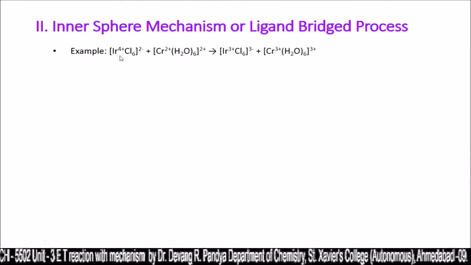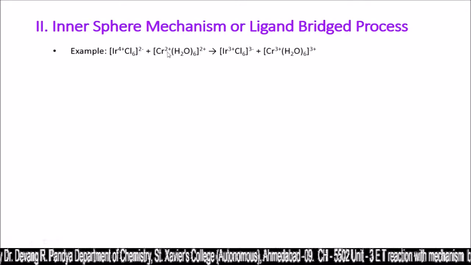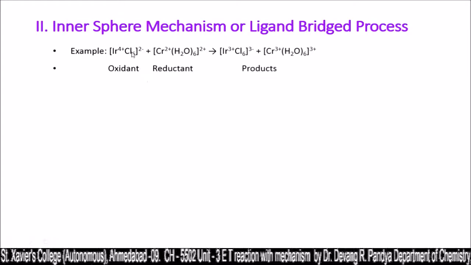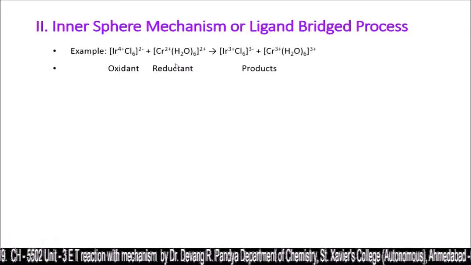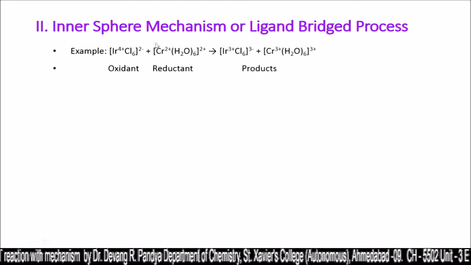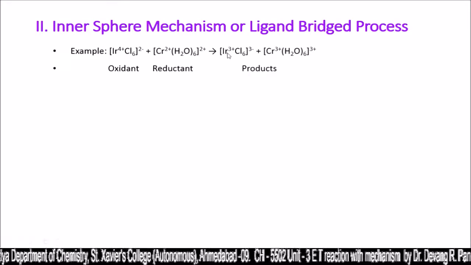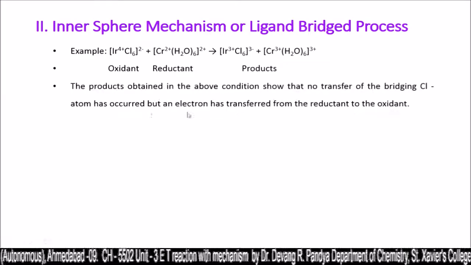An example is hexachloroiridium(IV) 2- complex ion reacting with hexaaqua chromium(II) complex ion. This one is your oxidant, which is electron deficient. This one is your reductant, which is electron rich, and from chromium an electron enters into iridium. So iridium +4 is converted into +3 and chromium +2 is converted into +3.